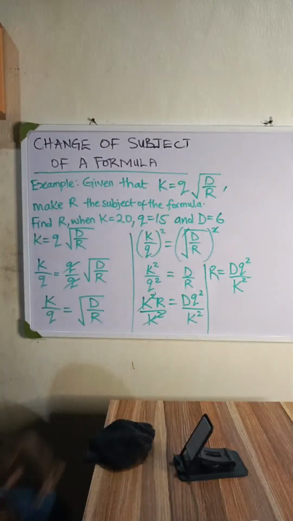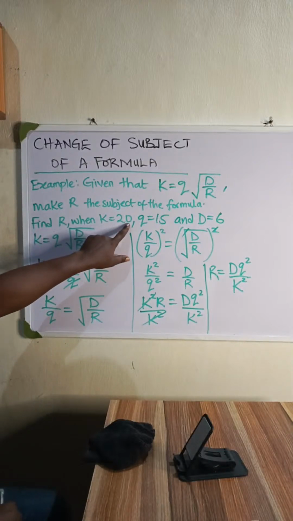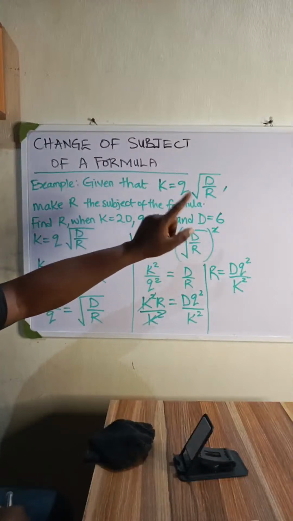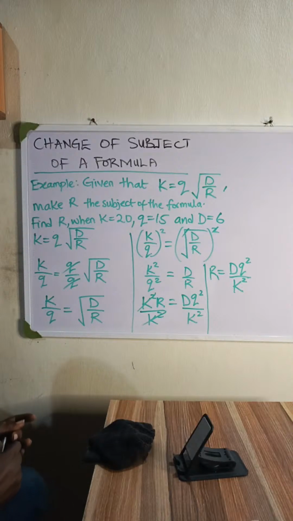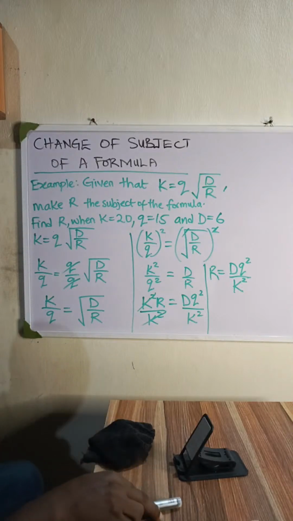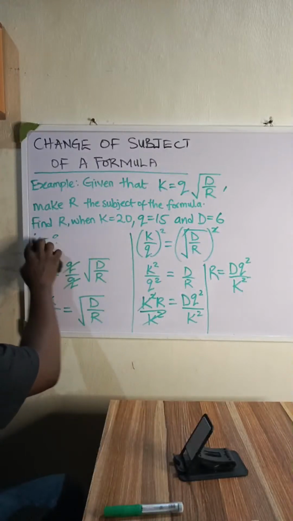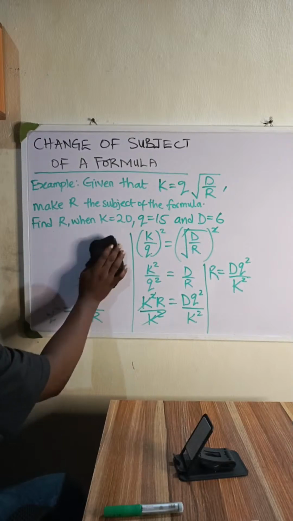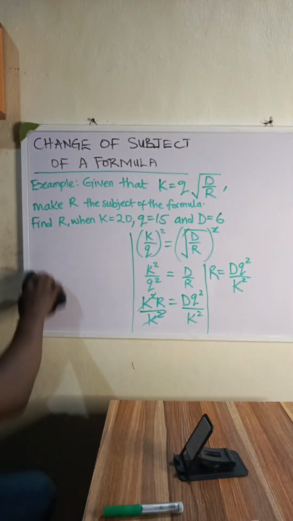The second part says find r when k is equal to 20, q is equal to 15, and d is equal to 6. That's the next part. So let's work on that.